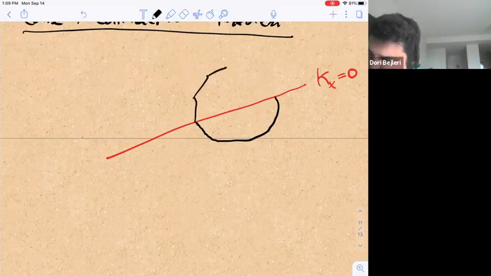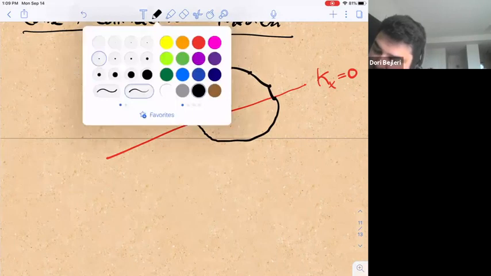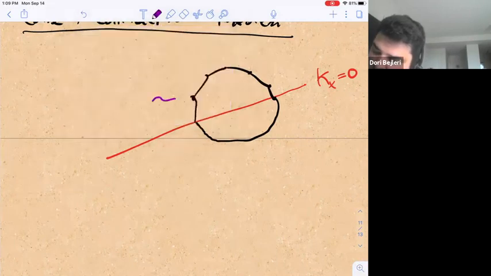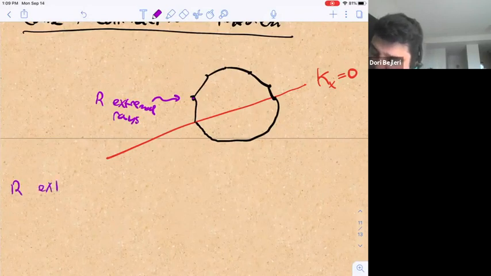polyhedral cone. So it has these flat faces with rational slopes that meet at rays. These rays where these faces meet will be called extremal rays. So just a general definition, R is extremal.